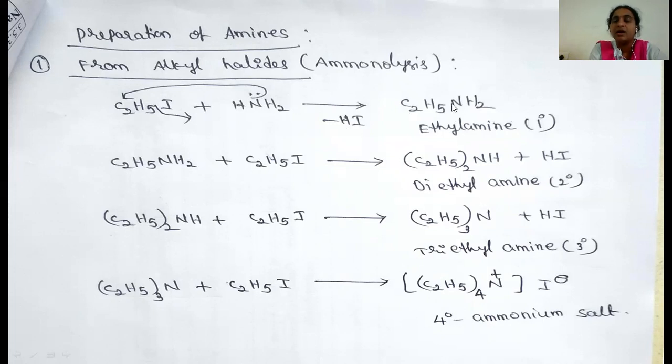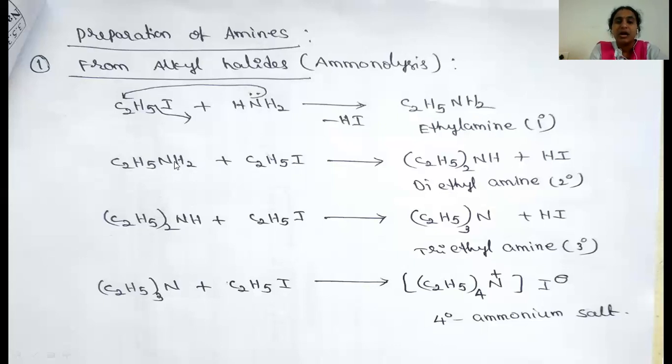Now in this one, only one alkyl group is present around the nitrogen, hence it is called a primary amine. Now this ethylamine again reacts with ethyl iodide, where the nitrogen donates electrons to the alkyl group and produces diethylamine.